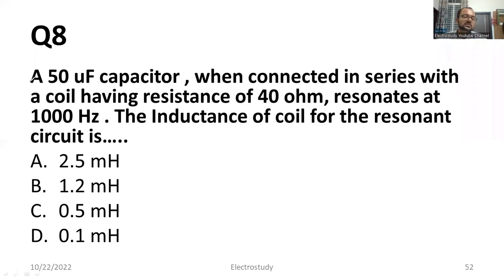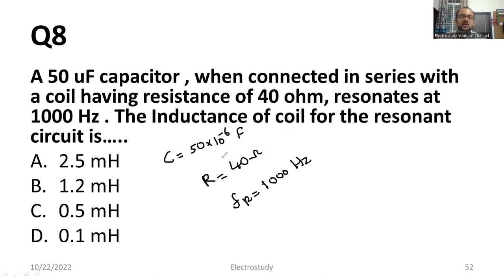Now I would like to discuss question number 8. A 50 microfarad capacitor, so C is equal to 50 into 10 to the power minus 6 farad, is connected in series with a coil having a resistance of 40 ohm, and resonates at 1000 hertz. So resonance frequency is equal to 1000 hertz. Find the inductance of the coil. Very easy question.